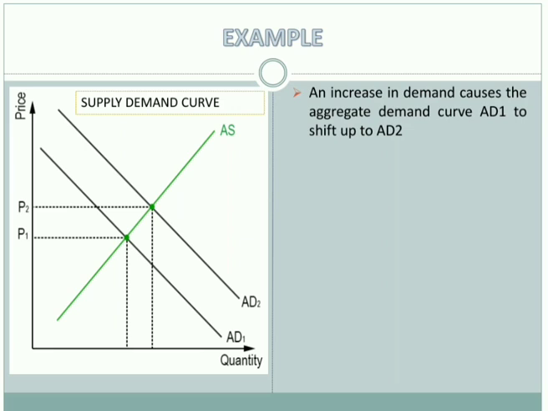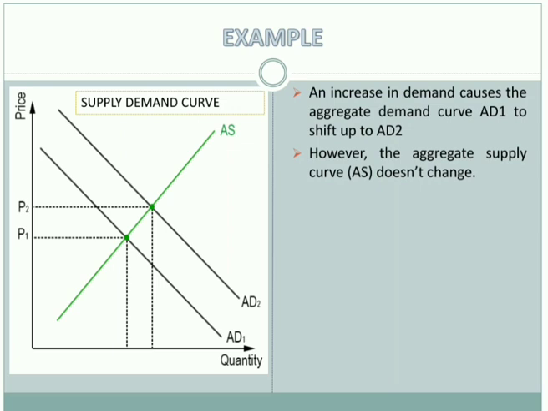Initially AD2 is not there, only AD1 for the supply AS, and we have the price P1. Now the demand for aggregate has increased, which shifts the curve from AD1 to AD2, as demand has increased but the supply curve remains the same.